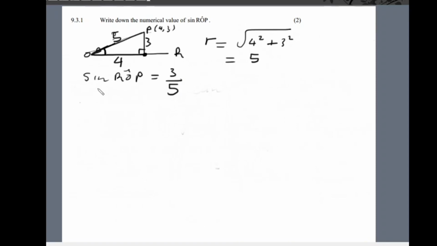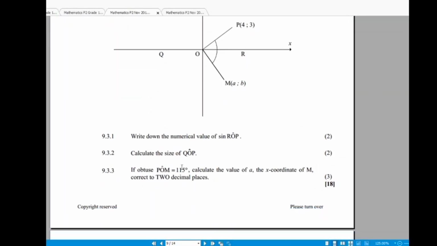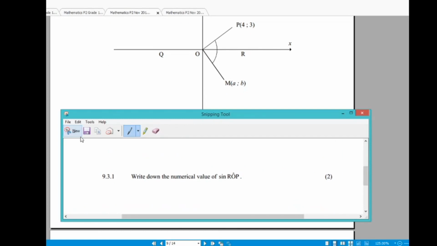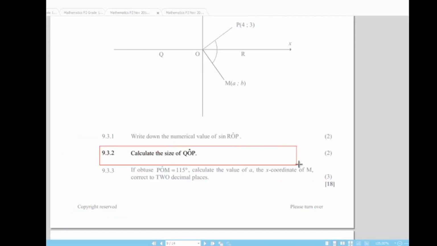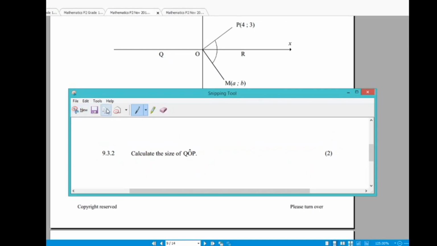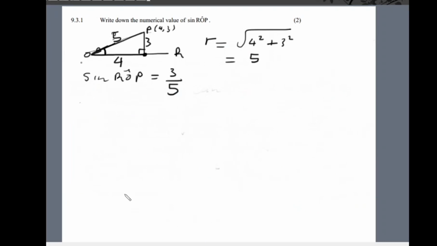And then going to 9.3.2, they want us to calculate the size of QOP.